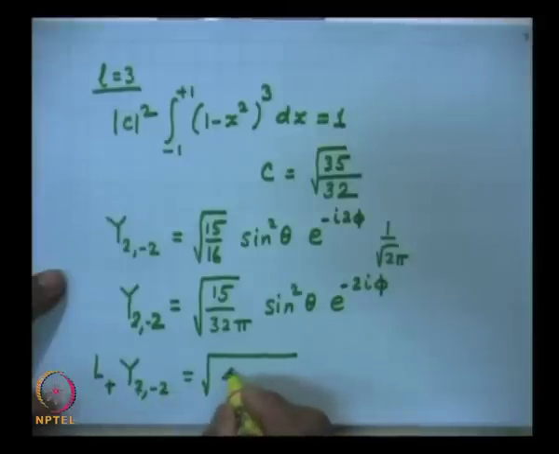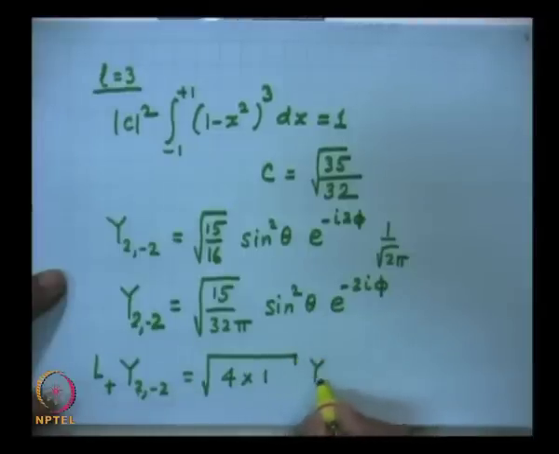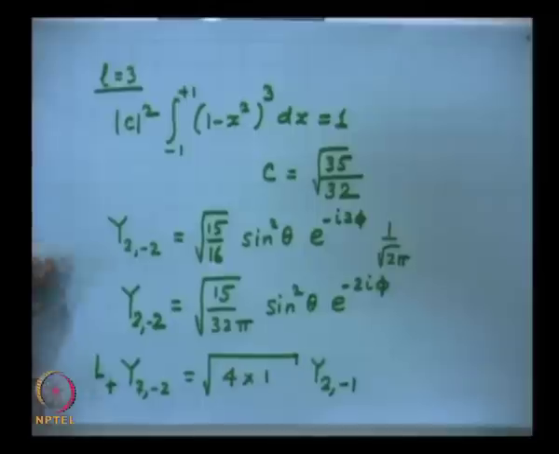So, that is 4 into j plus m plus 1, that is 1, and this will be Y 2 minus 1, and this will allow me to calculate Y 2 minus 1.